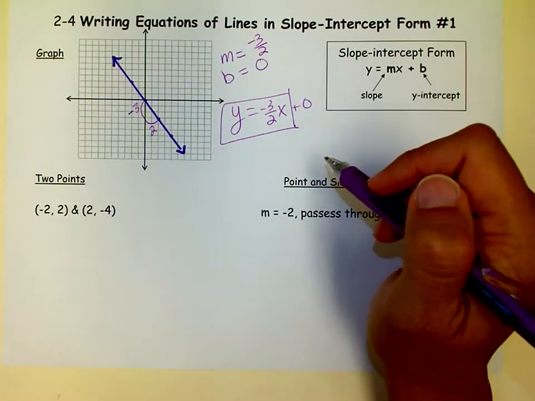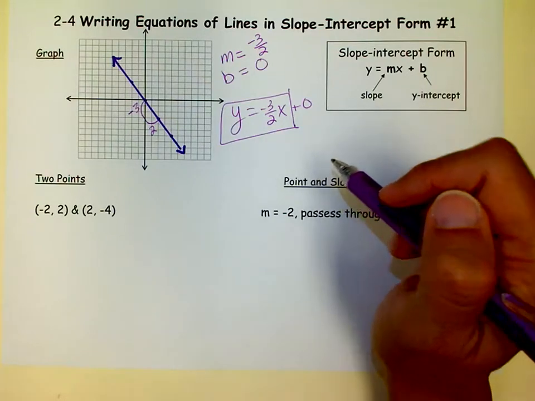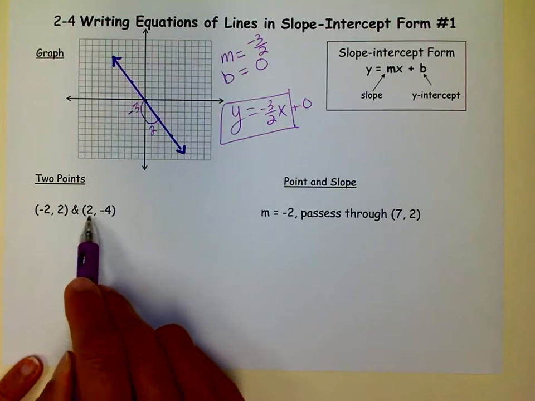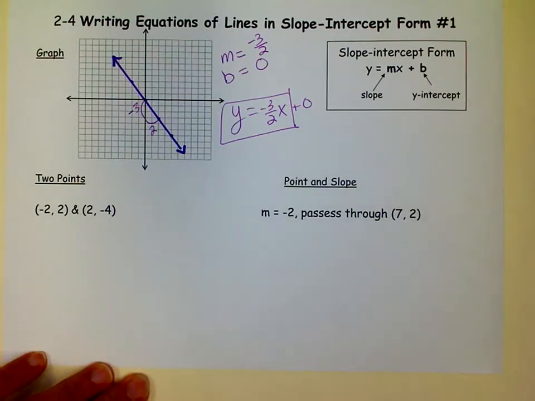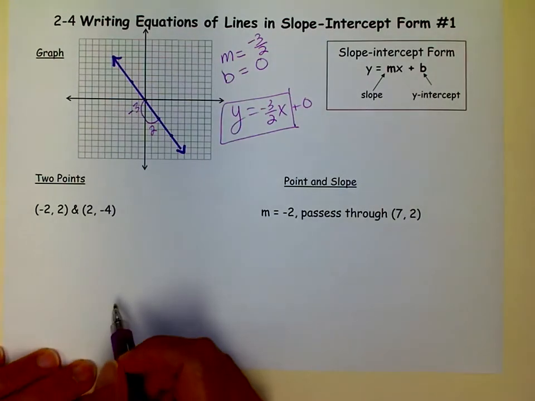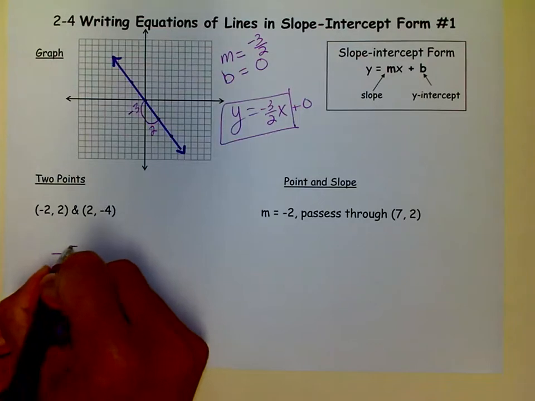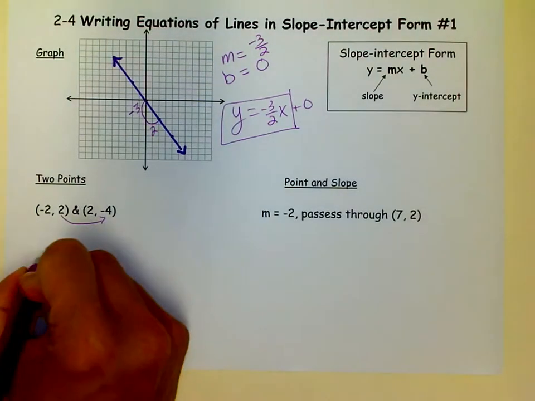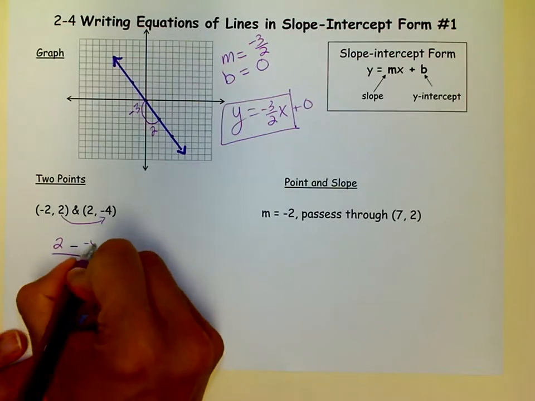Okay, next for the points. Remember, we need a slope and we need a y-intercept. Whenever I'm given 2 points, I always look at the x's, because if one of the x's was 0, then I'd already have my y-intercept, but we don't have that. So we're going to go ahead and use our slope formula, which is y minus y over x minus x. So I'm going to take the y's, and I'm going to put 1 y here and 1 y here.